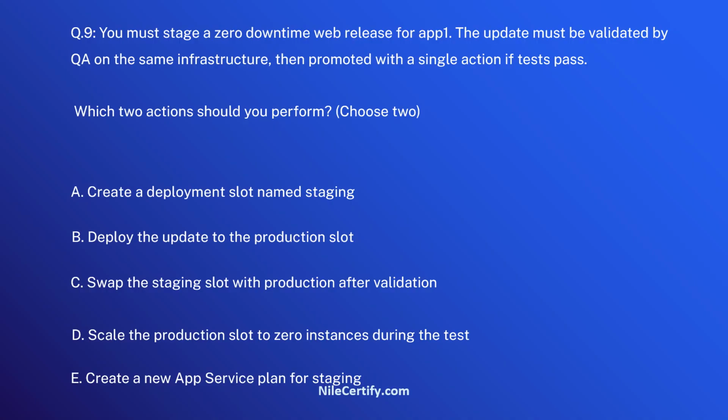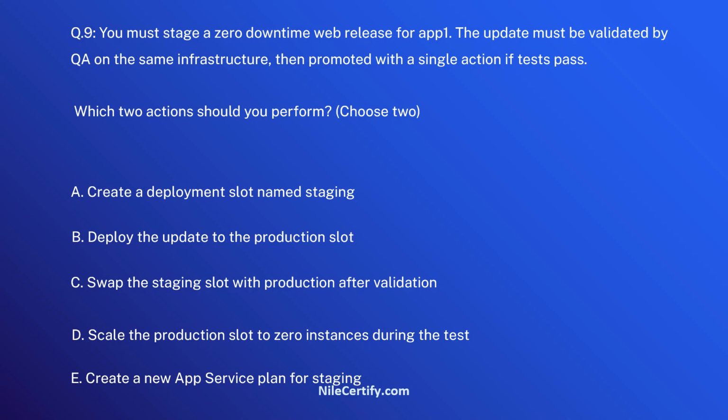Moving to our next question, and here you must stage a zero downtime web release for app1. The update must be validated by the QA on the same infrastructure, then promoted with a single action if tests pass. Which two actions should you perform?